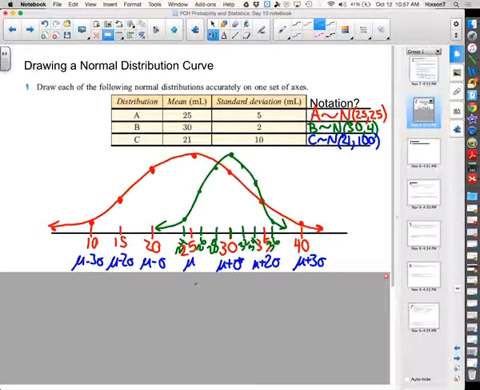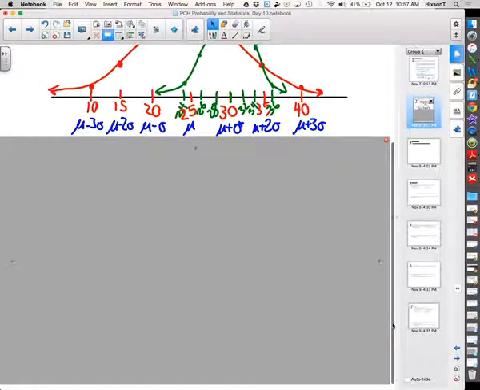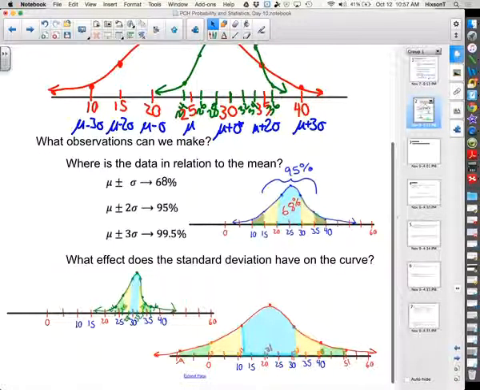Okay? So 2 different sets of data. We could now compare these, if we wanted to, by looking at the curves. Well, let's look at all 3 curves. Here's all 3 curves.